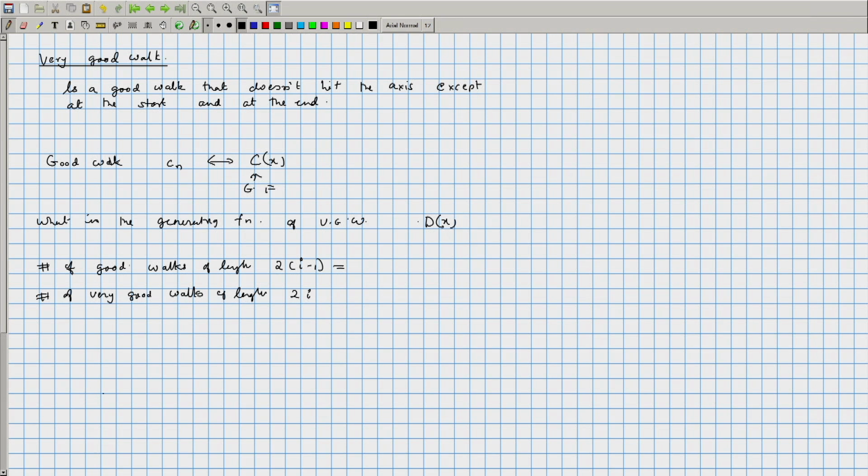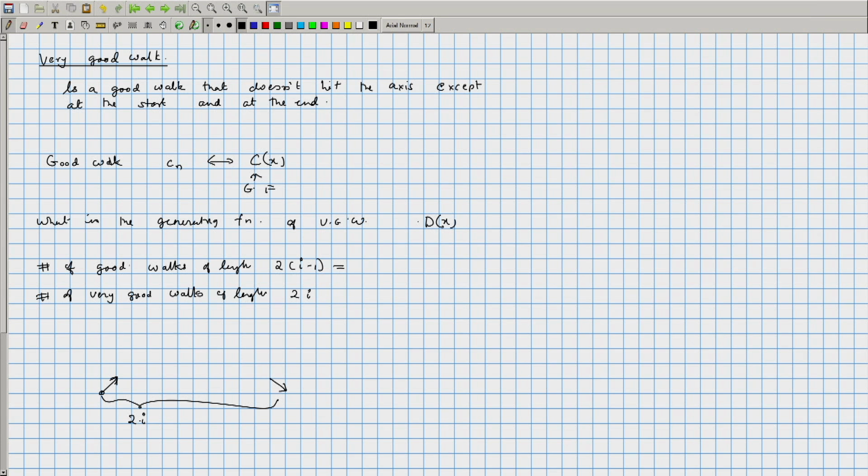So, let us take a very good walk of length 2i. Any walk, good or very good, has to start with a positive arrow, and the last one should be a downward arrow. First one should be upward and the last one should be downward, and this entire length is going to be, let us say, 2i.